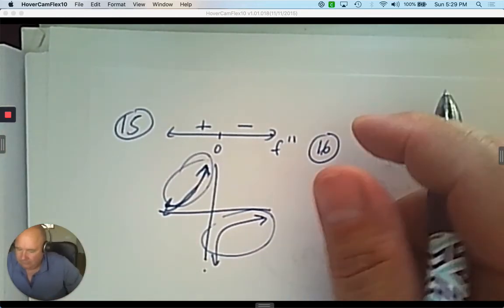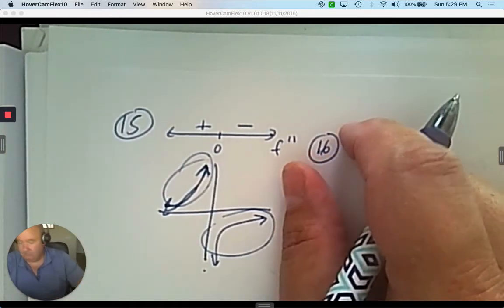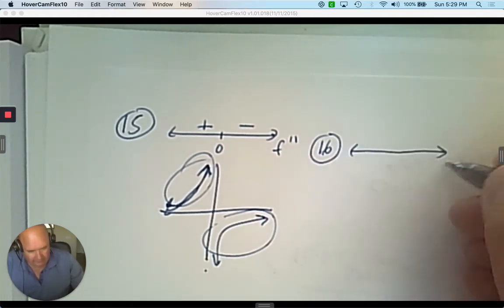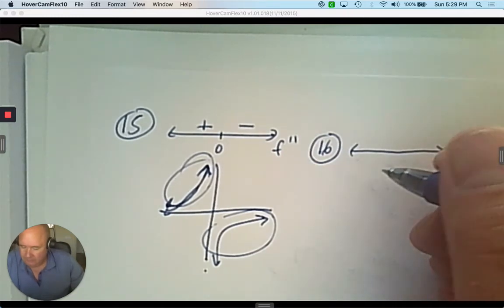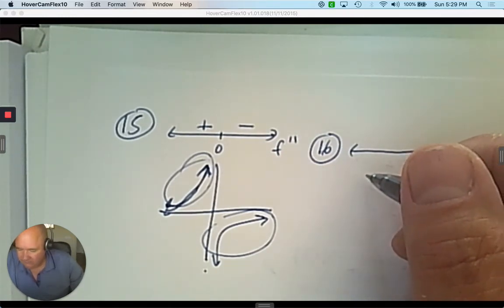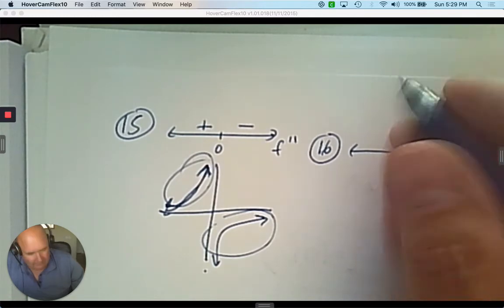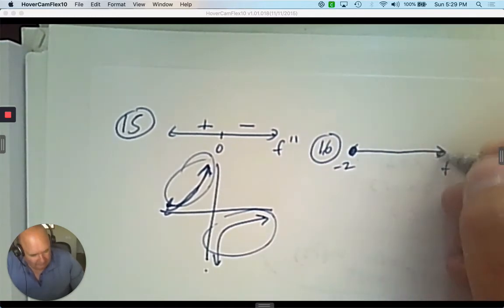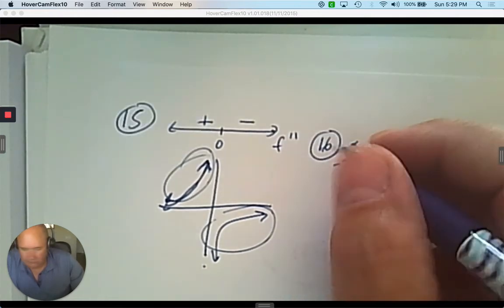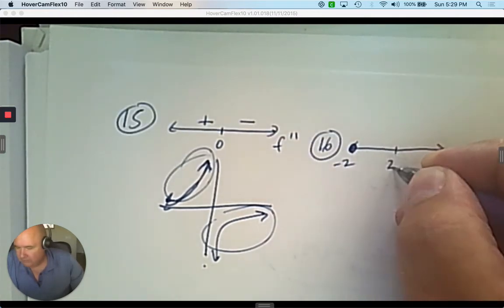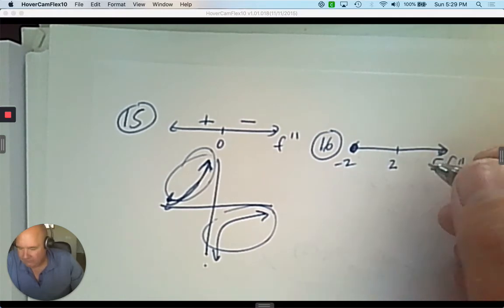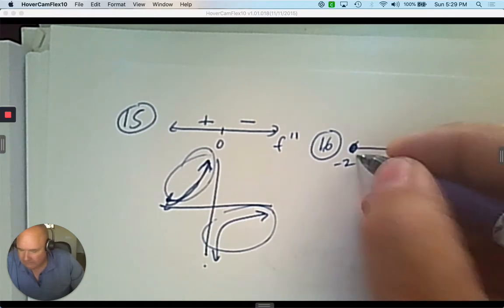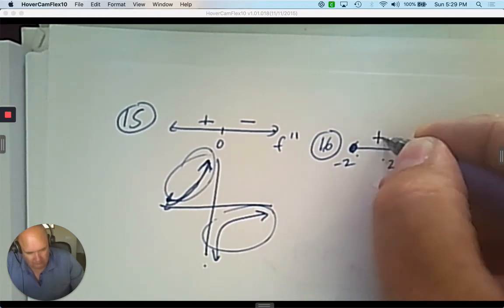So in number 16, what are the things I'm looking at? If you did a second derivative number line, I'm looking at increasing and decreasing. First of all, it goes from -2 to 5. I see at 2, we have a critical number. And then what else am I looking at? Increasing and decreasing. From -2 to 2, it's increasing.